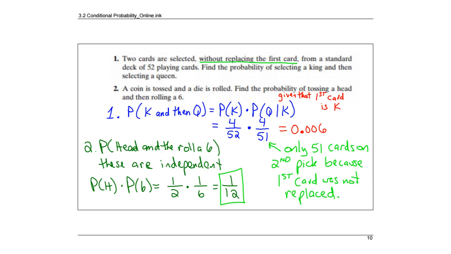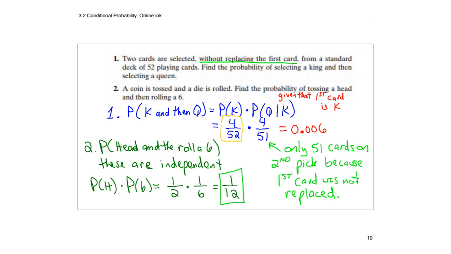I know we keep using this same example, but let's say we're picking two cards. So we're picking a king and then a queen, but we do not replace the king. Okay, so picking the king, we have 4 out of 52 is our probability of picking the king, but then we put it in our pocket. We don't let it be part of the deck anymore.